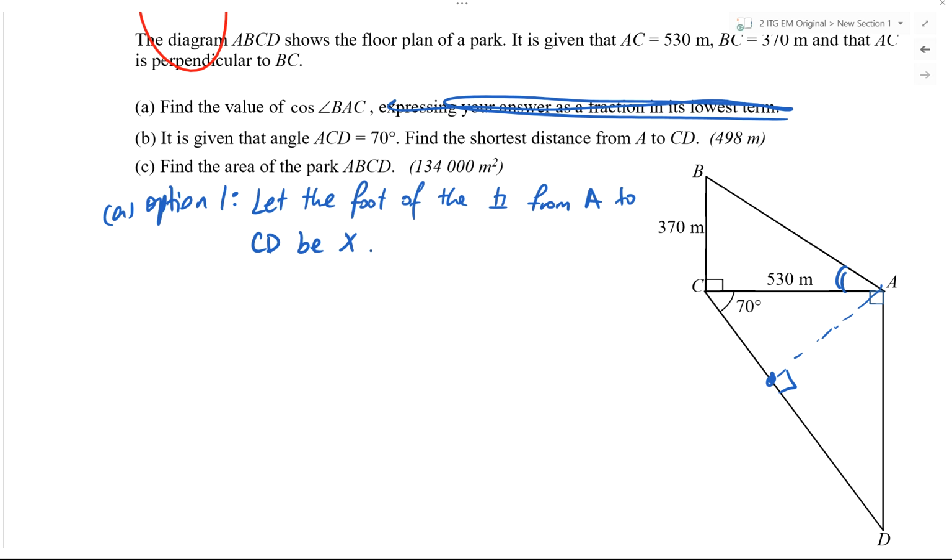The foot, your feet are at the bottom, right? So let the foot of the perpendicular from A to CD be X. So now we are able to use the length AX.